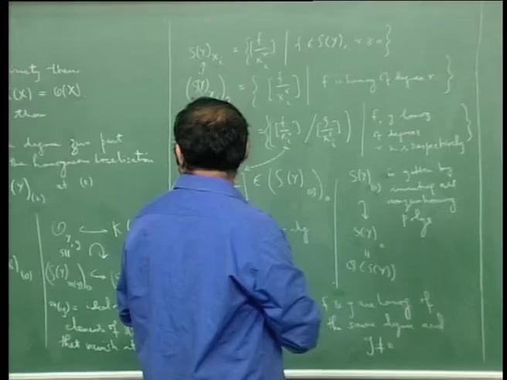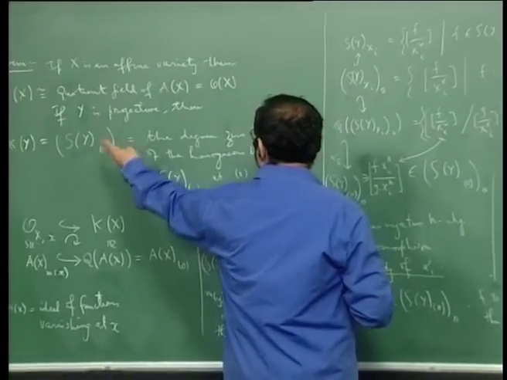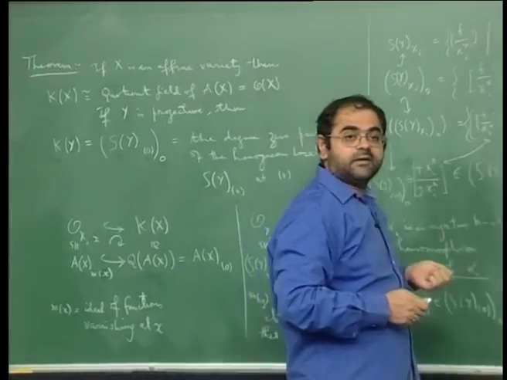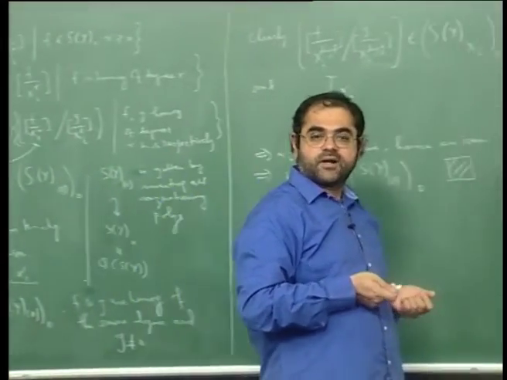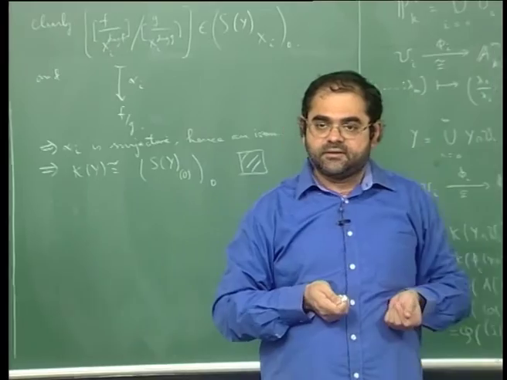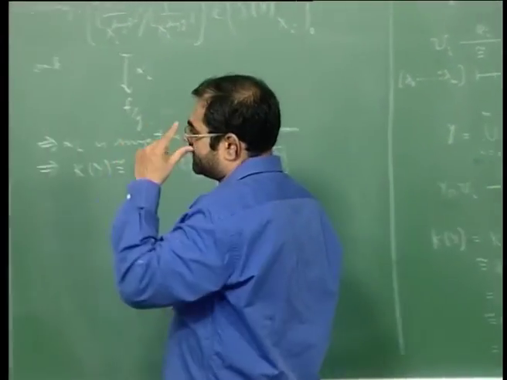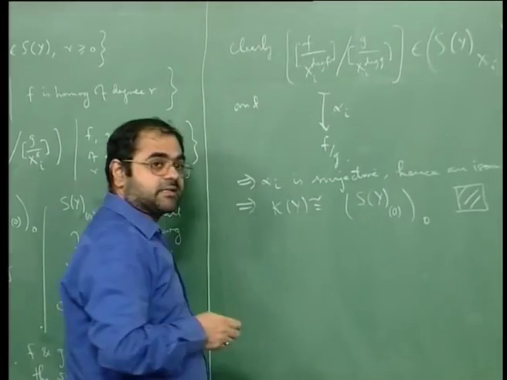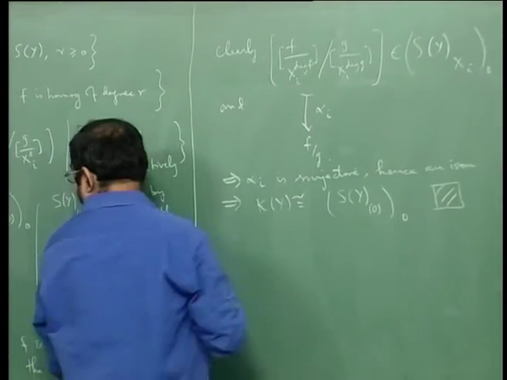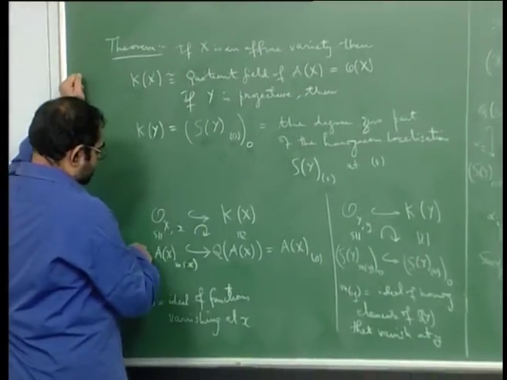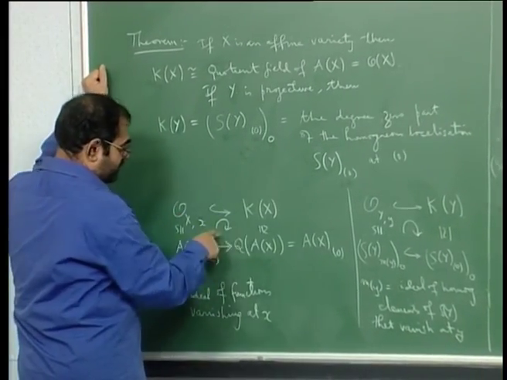So it's very clear that you know how to write commutative algebraically what the function field is for an affine variety or for a projective variety. It helps you with calculations. And there's another fact that comes in connection with these two diagrams.